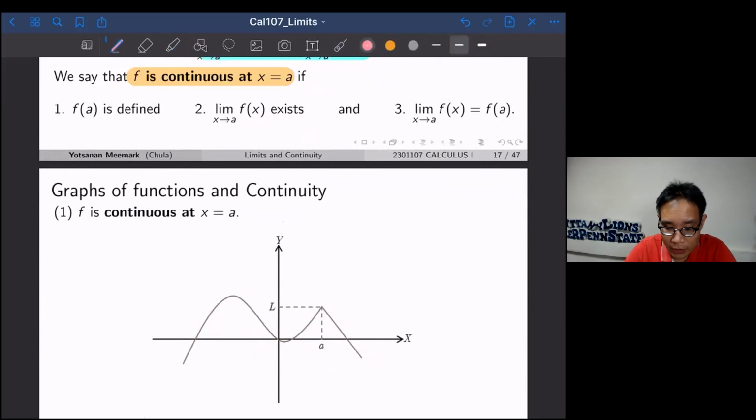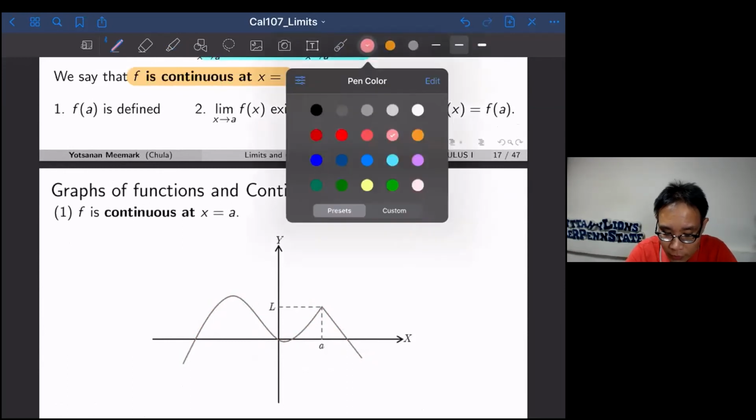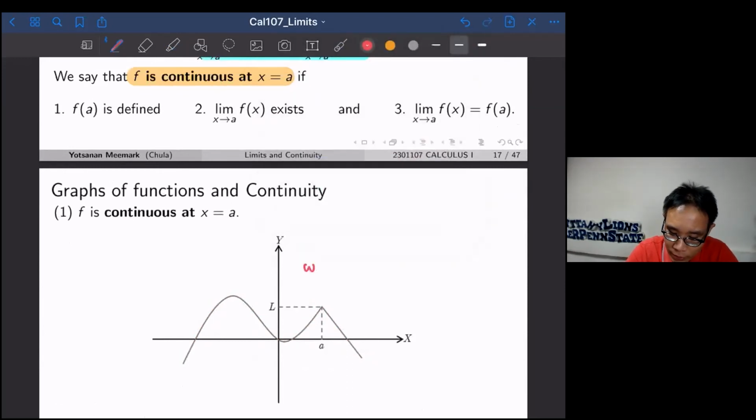So let me just write the thing that we notice here: without any jump or hole in this case.